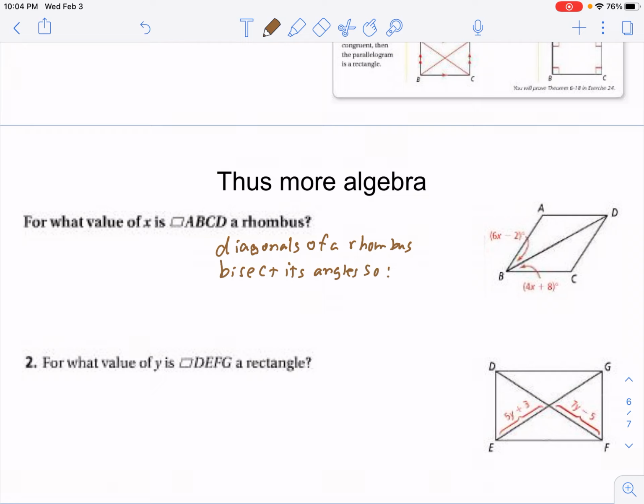Since the diagonals of a rhombus bisect its angles, that means that if ABCD is to be a rhombus, then those two must be equal. And I think that's going to be 5.